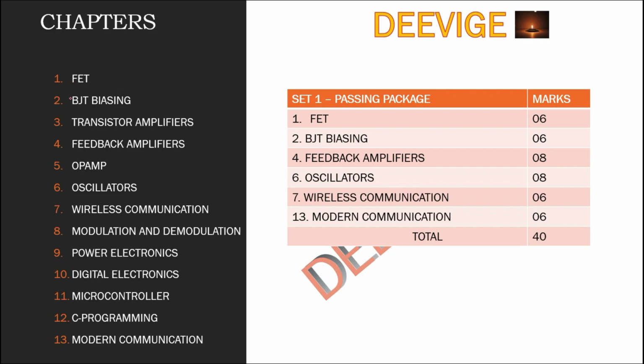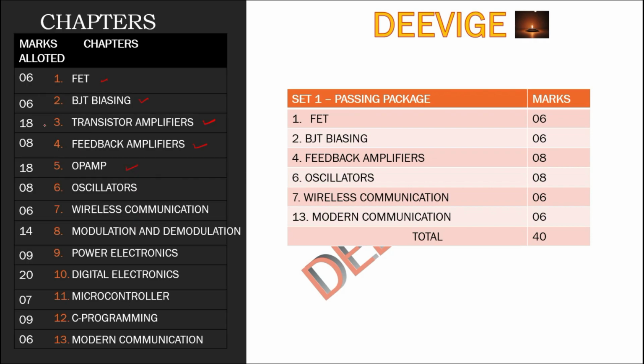There are 13 chapters. FET is the first chapter, then BJT biasing, that is transistor biasing, transistor amplifiers, feedback amplifiers, op-amp, and it continues like this. The marks allotted: for the first chapter it is 6, second chapter transistor biasing it is 6, whereas amplifier it is 18, feedback amplifier 8, op-amp 18, like this.